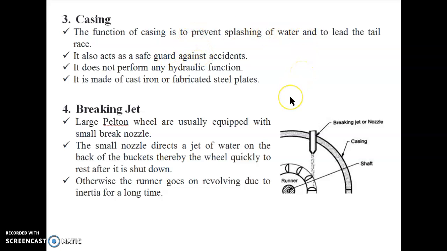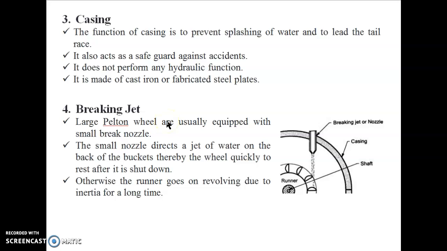Whenever we are striking the jet onto the runners, there is a possibility that water may spill out from that portion. So to avoid that, we use this casing. Again, it sometimes acts as a safeguard against accidents, as runner and bucket are moving continuously. So to avoid hazards or accidents, we may use casing as the safeguard also. It does not perform any hydraulic function, and it is made up of cast iron or fabricated steel plates.